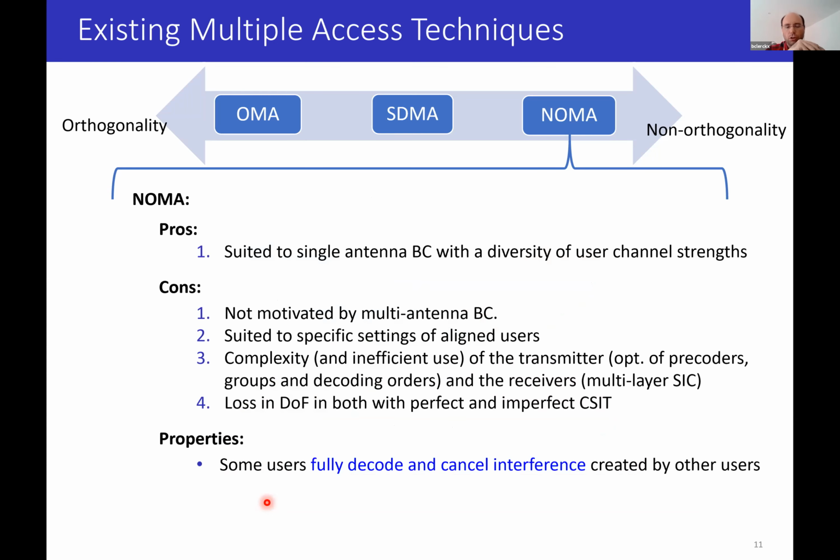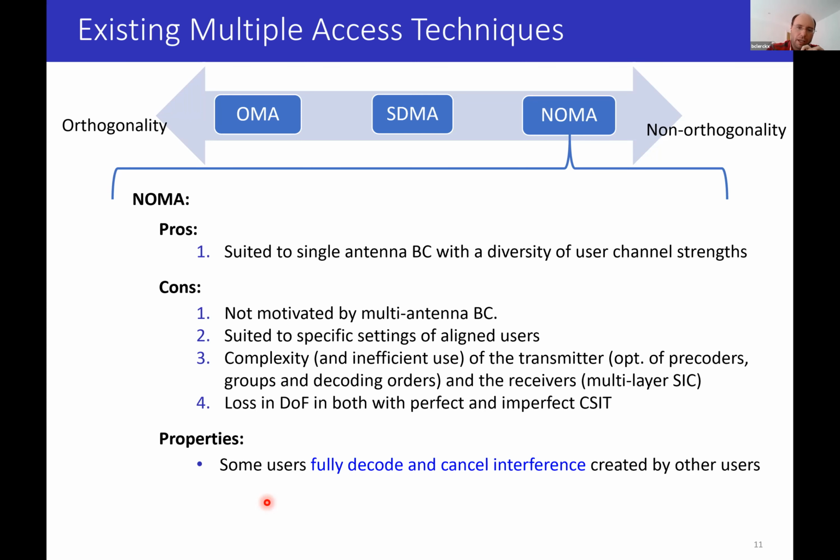Right. So what is the advantage of this kind of technique is that it's really designed for single antenna systems. And this is where it originated, is really for single antenna systems. And that's where it's capacity achieving. Once you apply this in multi-antenna settings, then things do not go very smoothly. It works only in very specific settings when the channels of the users are aligned.